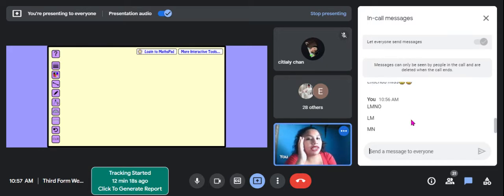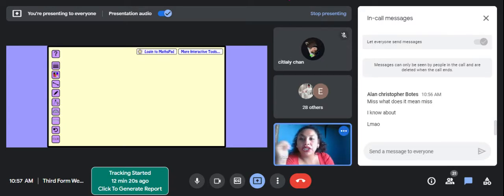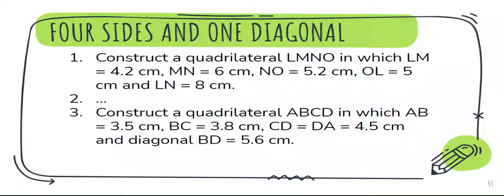So if I look at the information the question is giving me, LM, MN, NO, OL, LN, which of these five do you not see in the chat? ON, very good.